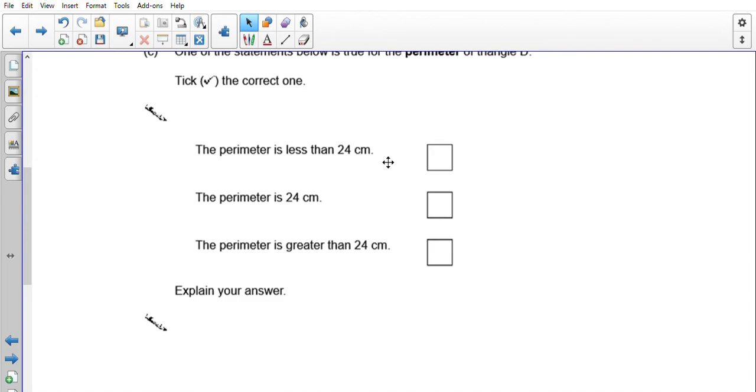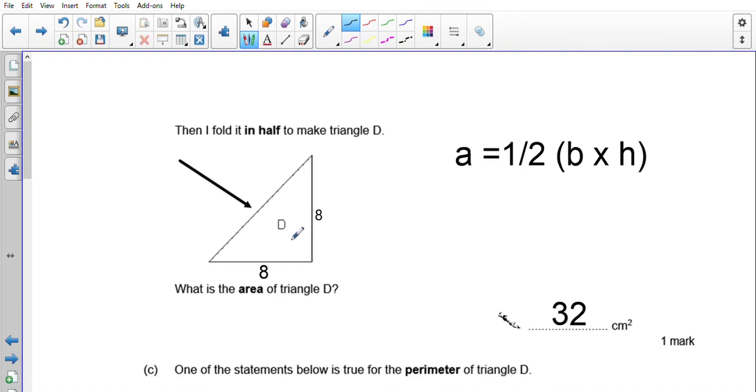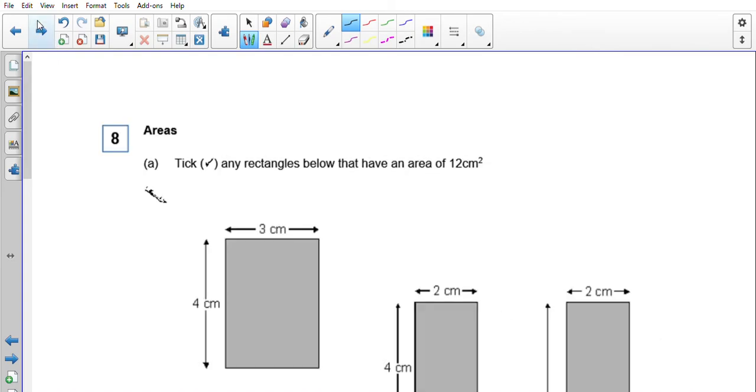Okay, so that means here that the perimeter can't be 24, it can't be less than 24, so the perimeter must be greater than 24. We know that through logic, through our knowledge of isosceles triangles, right angle triangles, and also equilateral triangles. So that would go into your explanation for that.